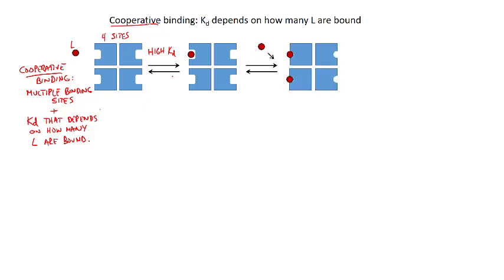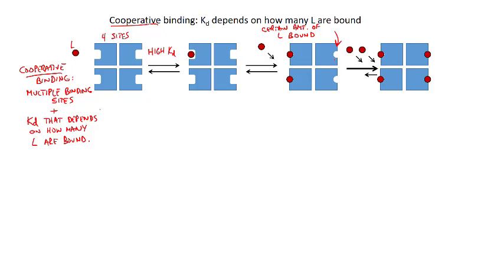But let's say that we end up in a situation where once we have a certain number of ligands bound, so once we have a certain amount of L bound, the structure of the binding site changes slightly. So you'll notice the way I drew this is that our binding sites go from being square to being round. So at this point, binding becomes much easier, or more precisely, binding becomes stronger, so that now our equilibrium favors binding. Now we have a much lower KD.